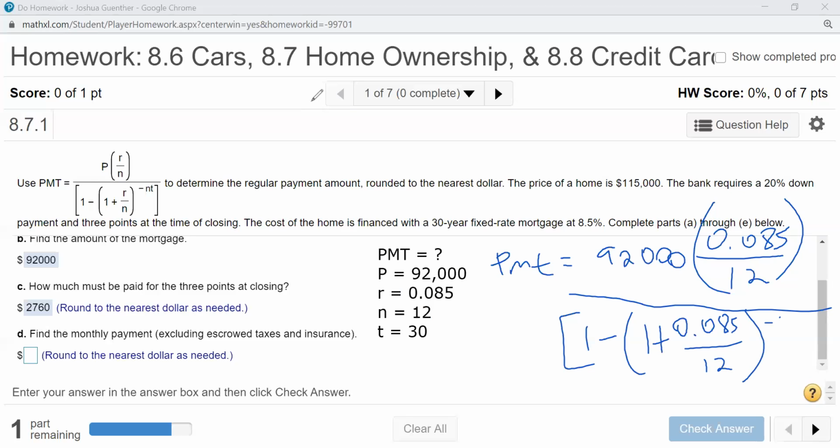This is negative 12 times 30 here. Whoa, that is heavy. So you're going to need to find your way of getting comfortable with putting things into your calculator. There's just no other way to explain it than that.